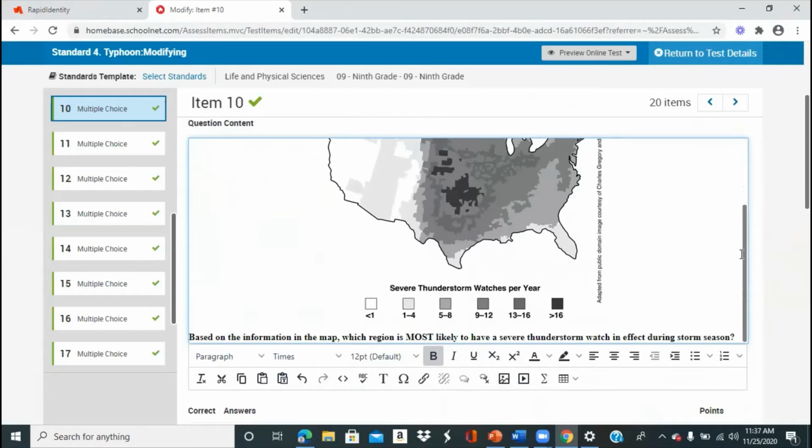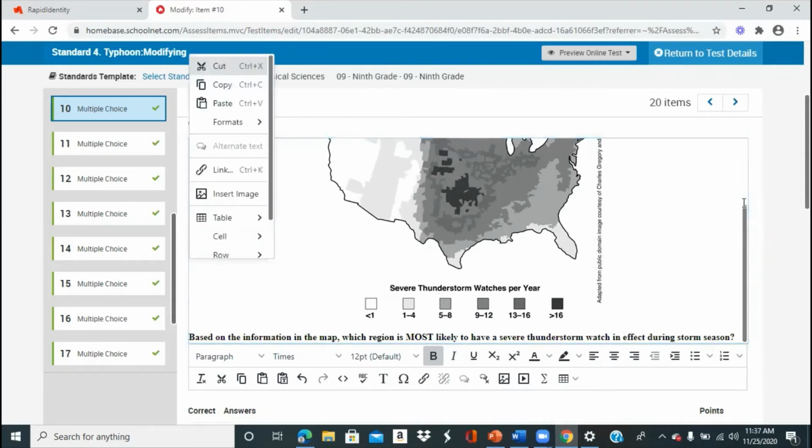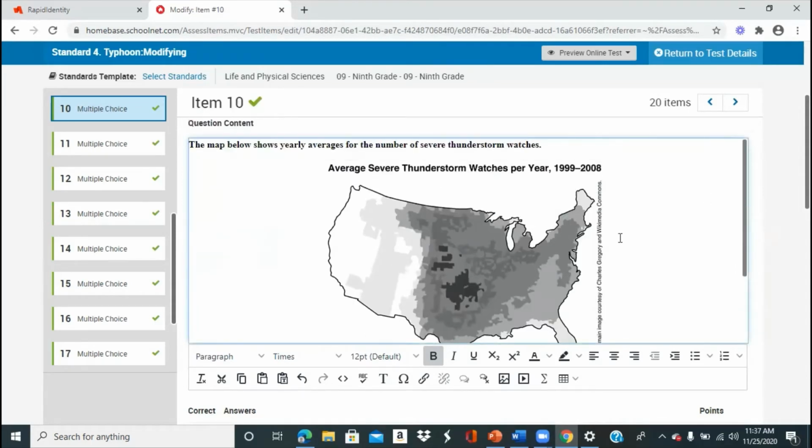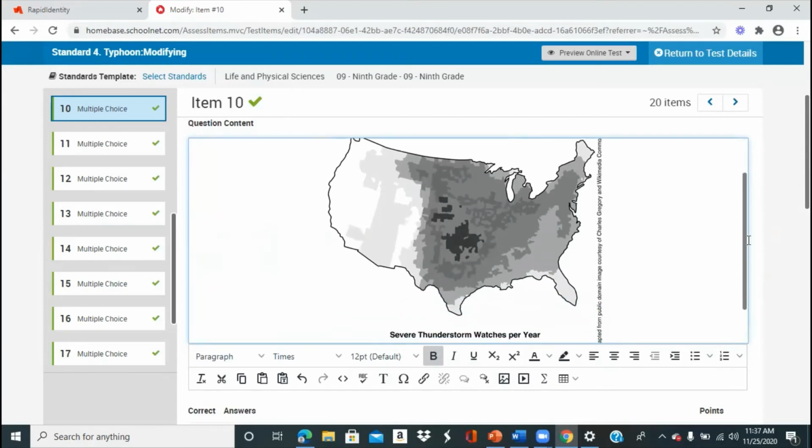So again, you're asked about which region. It's either northeast, southeast, northwest, or southwest. Okay, so over here, you have a very dark place or dark legend.